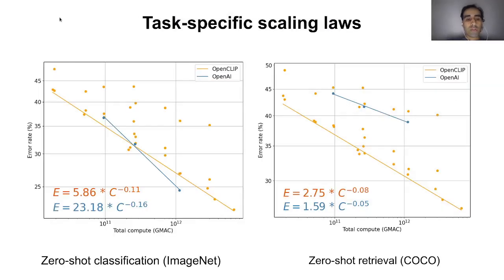When we compare zero-shot classification and zero-shot retrieval results, we observe that OpenAI CLIP models have an advantage on zero-shot classification, where we show ImageNet, whereas OpenCLIP LAION models have an advantage on zero-shot retrieval, where we show COCO results. Since we use similar hyperparameters and architecture as the original CLIP work, we hypothesize this is due to the pre-training dataset composition.